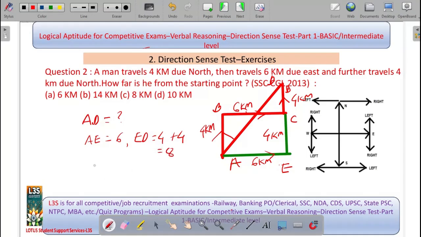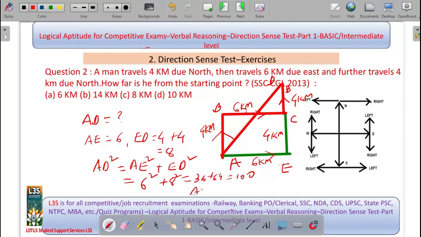Now by Pythagoras theorem, AD square is equal to AE square plus ED square is equal to 6 square plus 8 square is equal to 36 plus 64. 36 plus 64 is equal to 100.